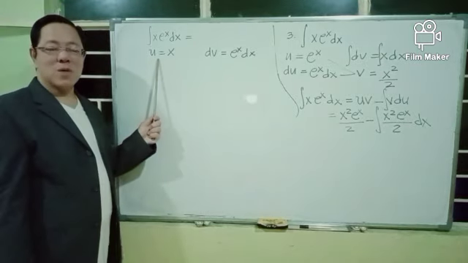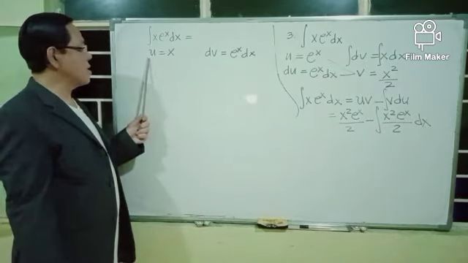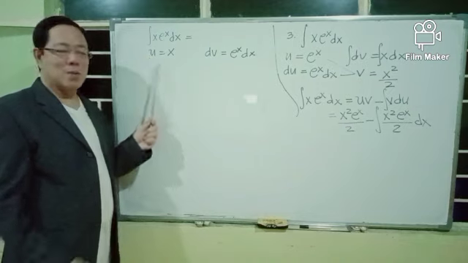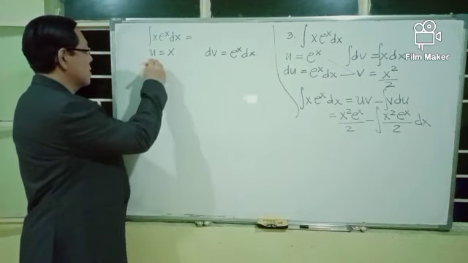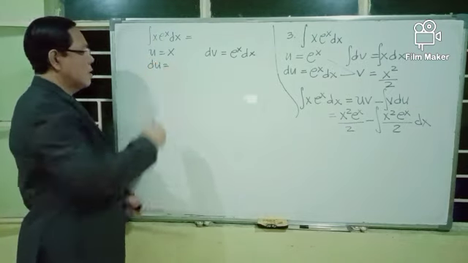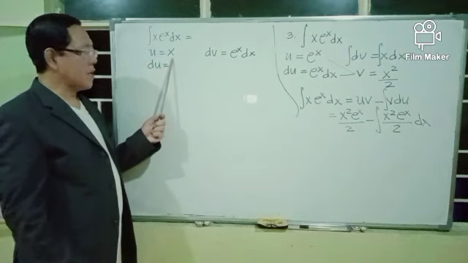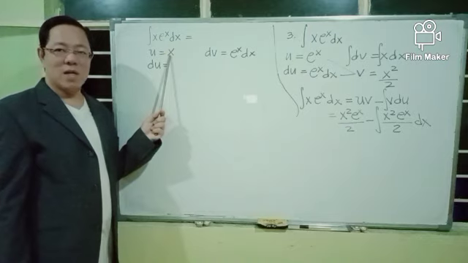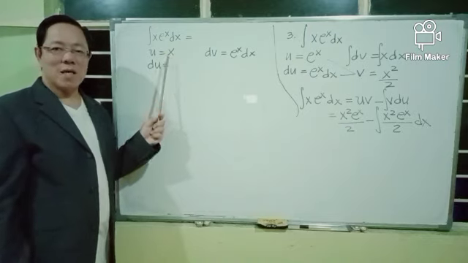For this equation, we differentiate both sides. The left-hand side with respect to u. Derivative of u with respect to u is 1 times du. And we differentiate x with respect to x. Derivative of x with respect to x is 1 multiplied by dx.